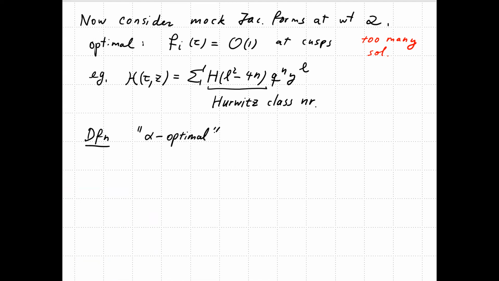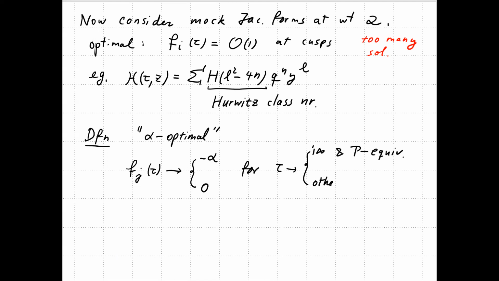Namely, the functions not just have to be finite, but they have to be 0 most of the time and approaching minus alpha for tau going to different kinds of cusps, for instance, I infinity and gamma equivalent, and vanishes otherwise.